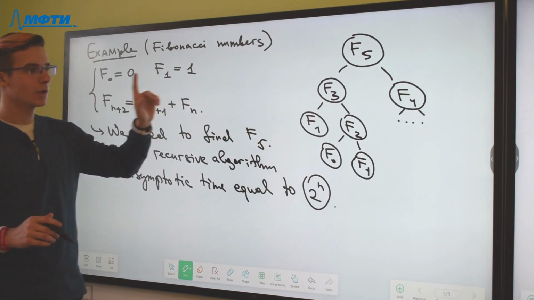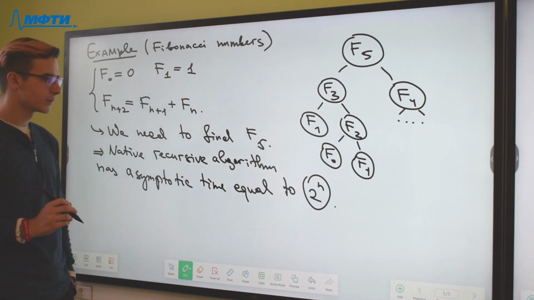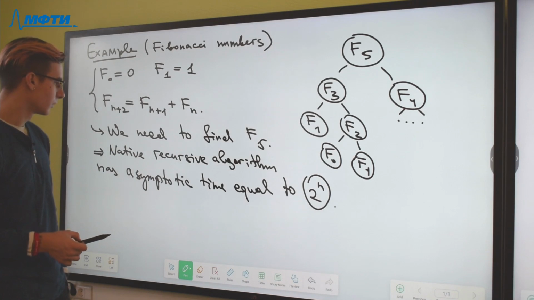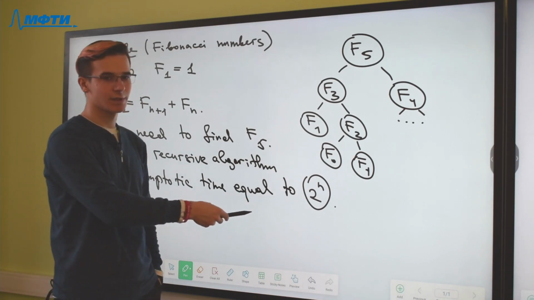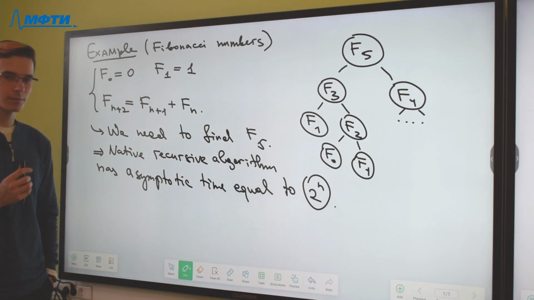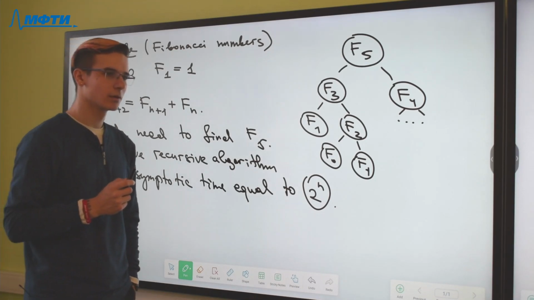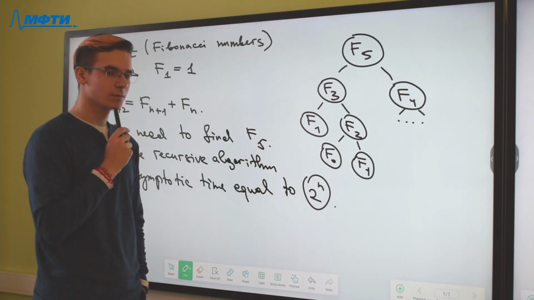So how can we solve this task of finding Fibonacci numbers in a way that spends less than exponential time? Do you know? What is the time? Or can the guys in the Zoom say?